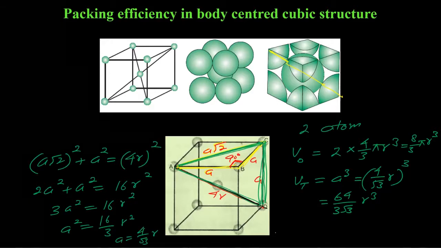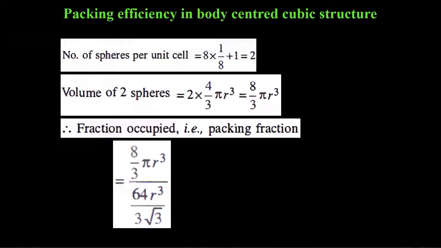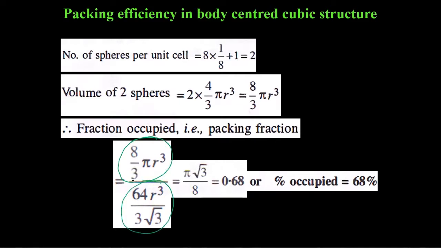Now divide the occupied volume by the total volume and multiply by 100. You get 0.68 multiplied by 100, that is 68%.